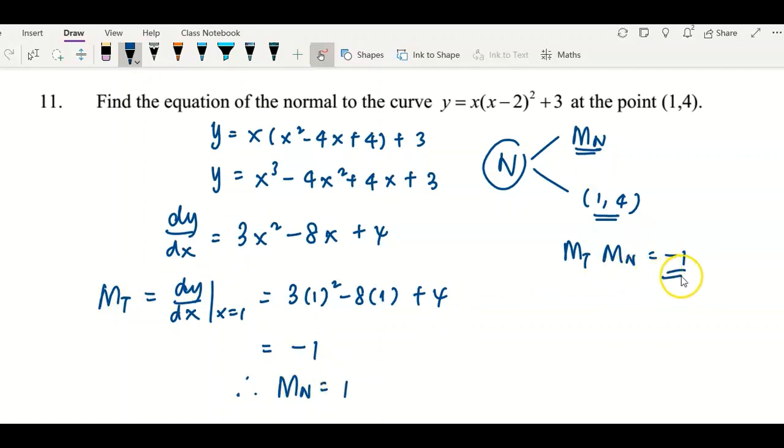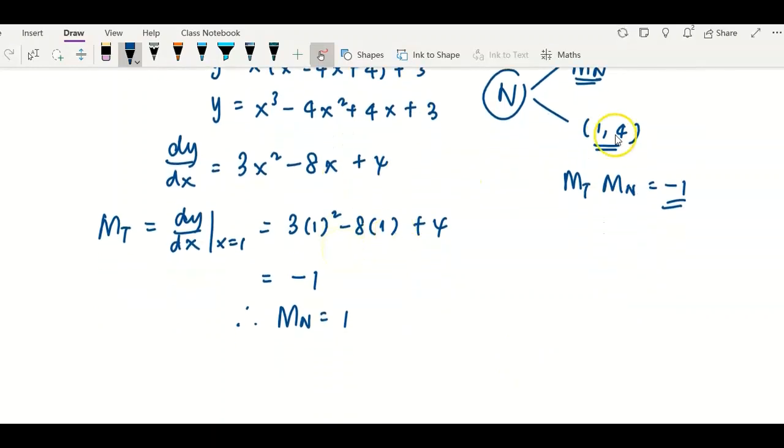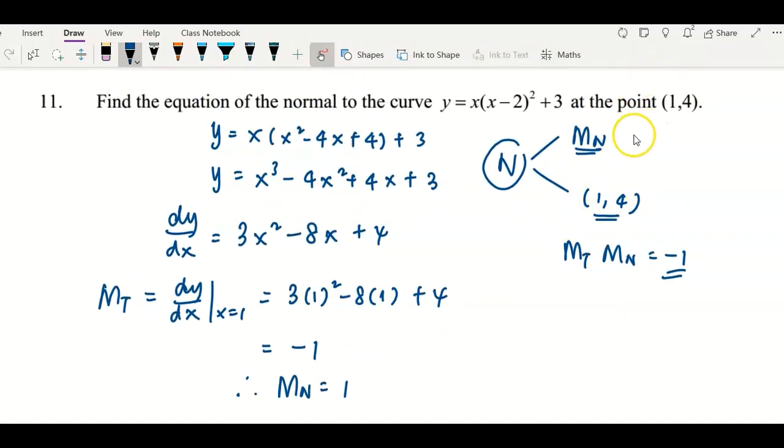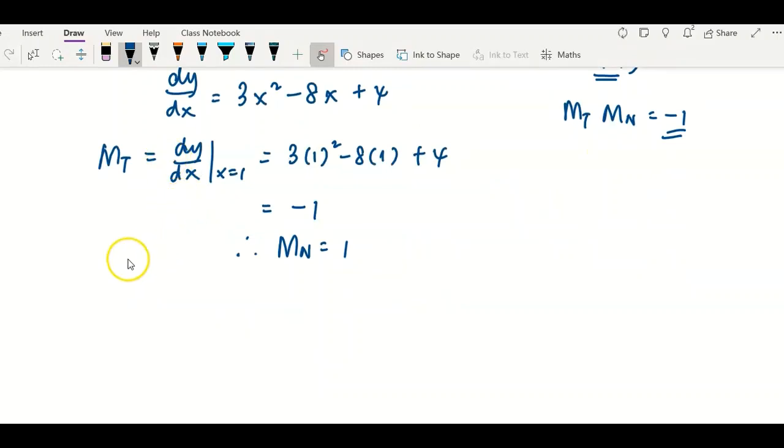So very obviously, the gradient of the normal is 1, because when both are multiplied you get -1. Once I have my point (1, 4) and the gradient of the normal, I can start to find the equation of the normal.